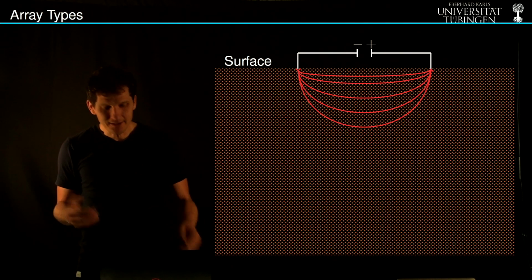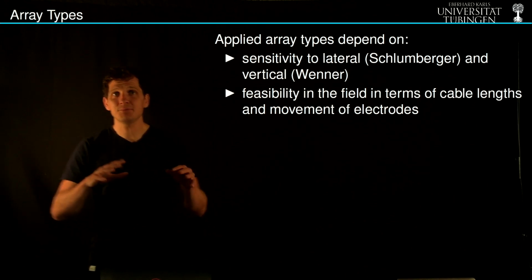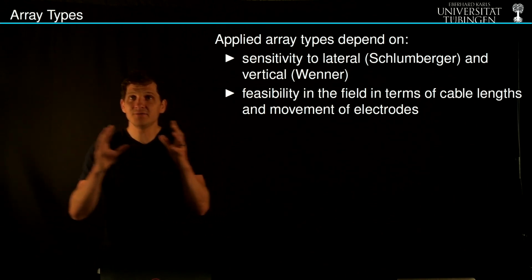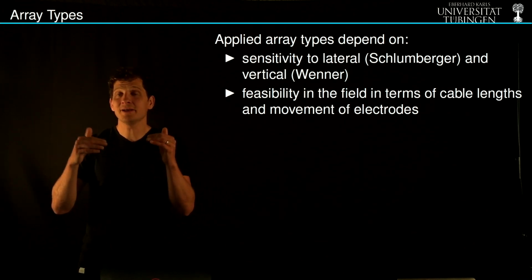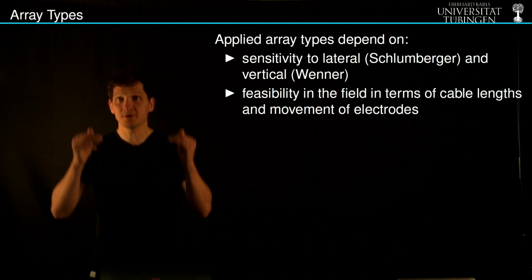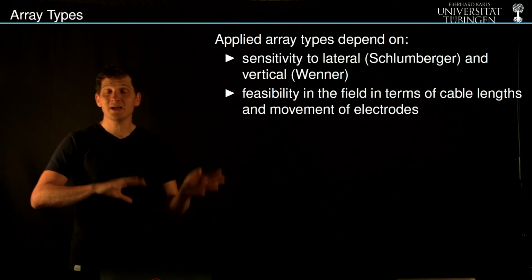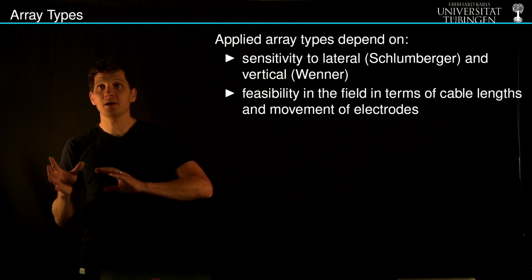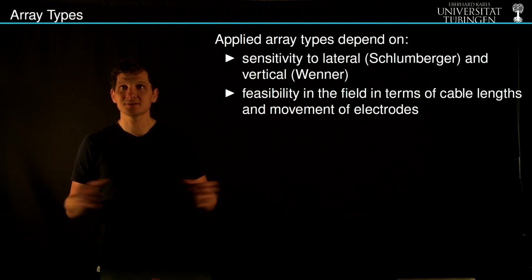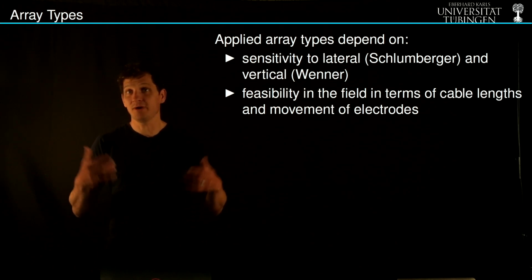Okay, and then array types have different sensitivities. So for example, the Schlumberger array is a little bit more sensitive if the resistivity varies in the lateral, and the Wenner array is slightly more sensitive if the resistivity varies in the vertical. There are also many other very practical factors why you might prefer one array over another. For example, the feasibility of how you handle those electrodes in the field. Remember, all of those are connected by cables, very long cables.